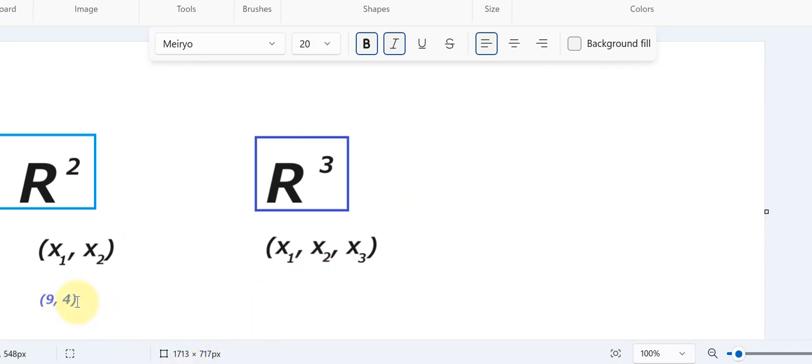That's an ordered pair. And R3 just means the set of all ordered triples, x1, x2, x3. So we could have like 4, 5, 9, or something like that. So that's called an ordered triple. And this is just the set of all possible ordered triples, where these can be any real numbers.